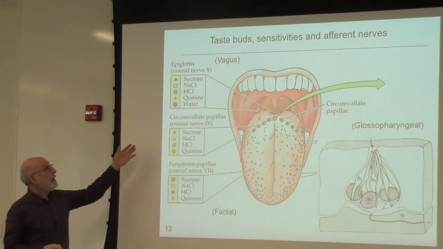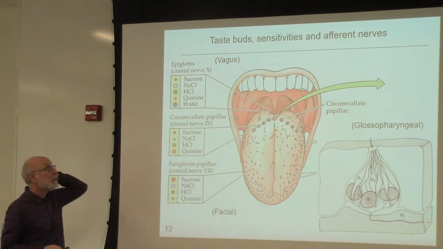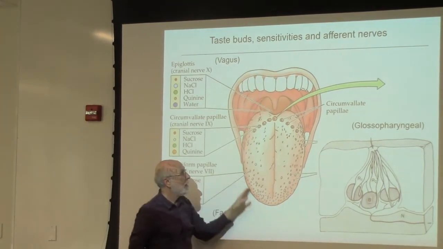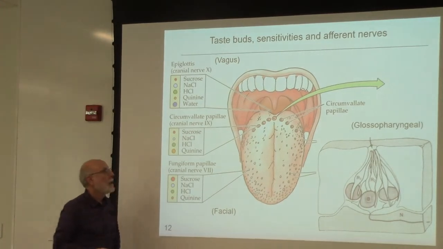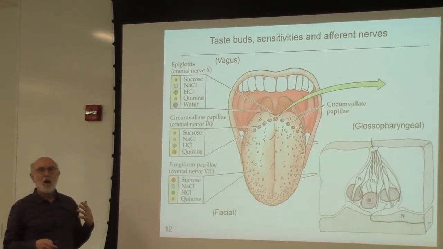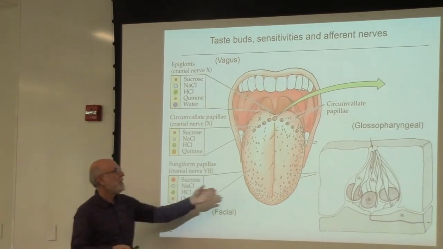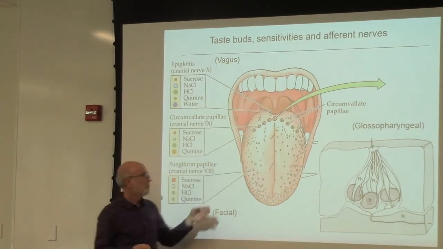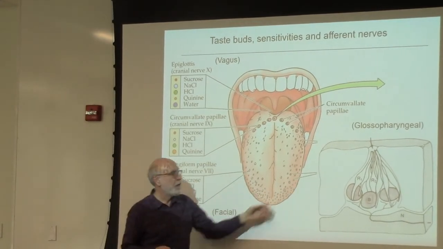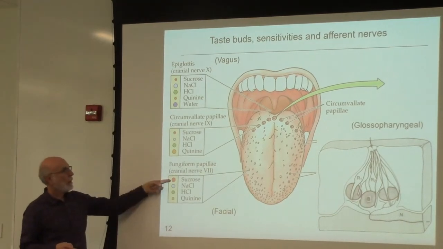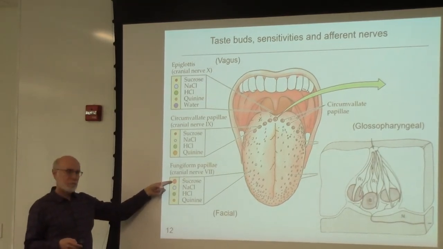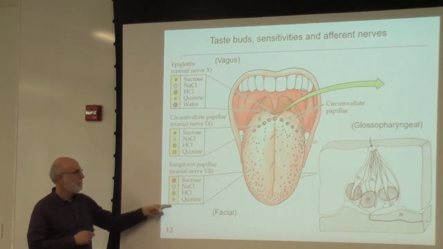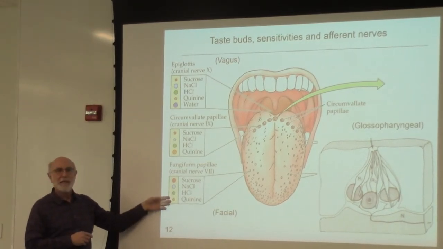So here is a cartoon of the taste receptors in the back of the throat, in the back of the tongue, in the front of the tongue. You may have heard that we taste sweet with the front and bitter with the back, and that's not true. The taste buds at the front of the tongue have a sensitivity to the sweet, but they also detect all the other modalities, even bitter.